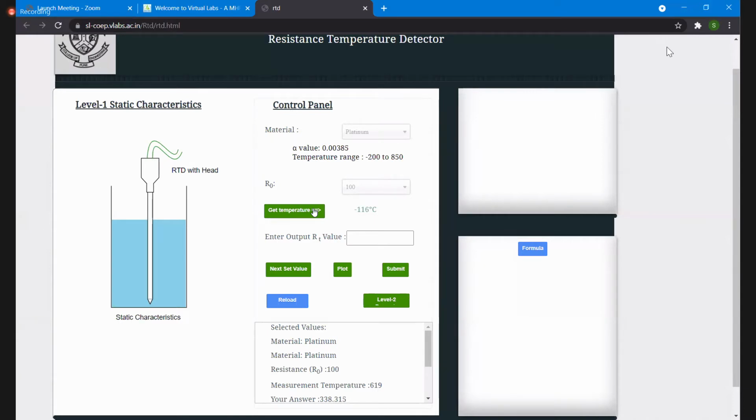Now calculate the RT value for this minus 116 temperature.